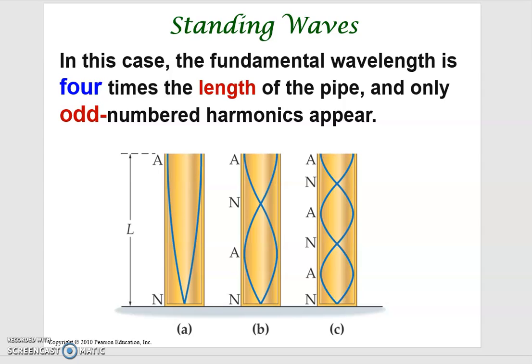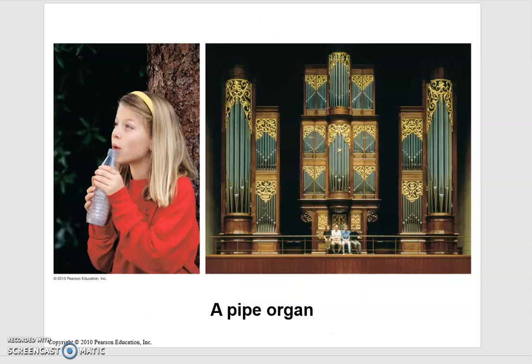So now let's try to study the application for the instrument like this, one open end and one closed end. One of the famous examples is the pipe organ. The pipe organ is a very widespread instrument, used in the early church and in Eastern Europe and Europe.